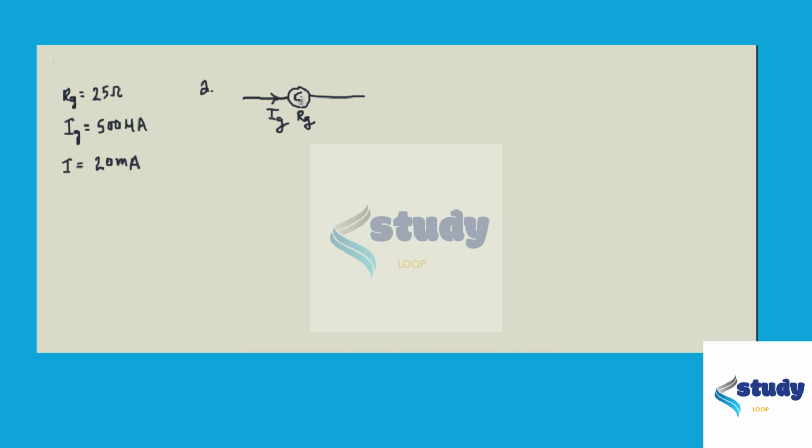Galvanometer can read a maximum of Ig, so we have to divert the current, like some part of the current should be diverted. So we cannot send this whole I through it, so we need to divert this current.